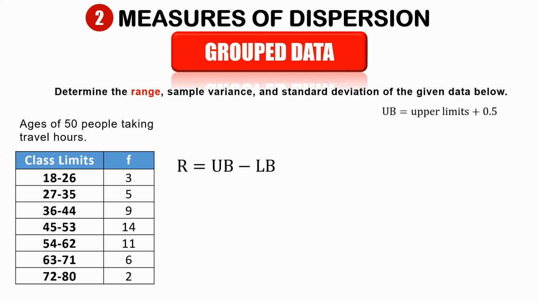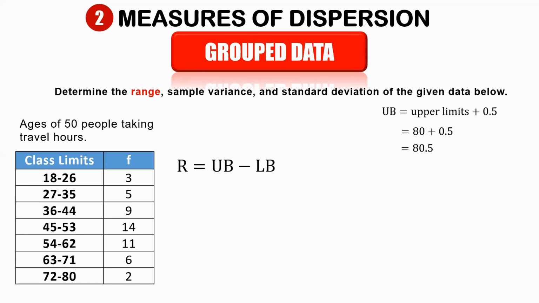For us to get the upper boundary, that is equal to the upper limit plus 0.5. So for us to look for the upper limit, that is the highest limit in our given data. So that is 80. So 80 is the upper limit plus 0.5. That is equal to 80.5. And that will be our upper boundary.